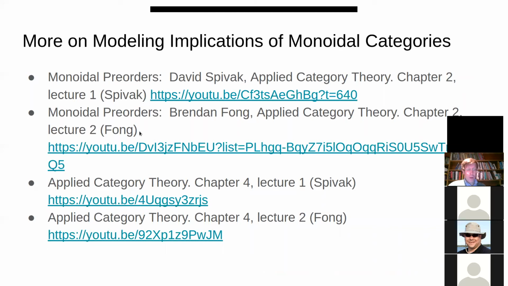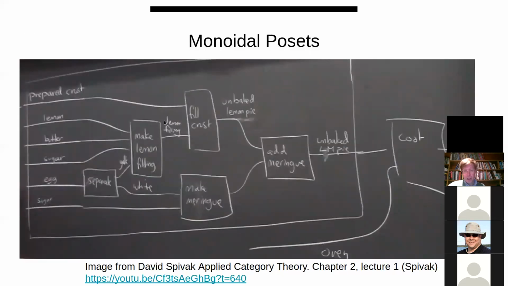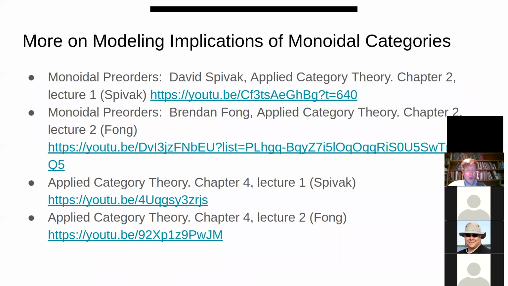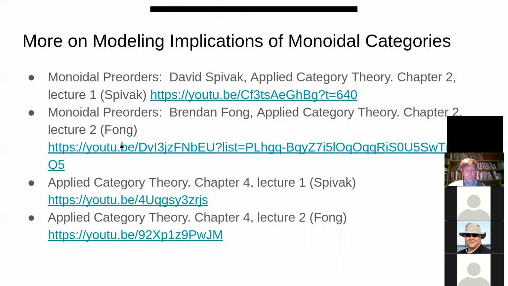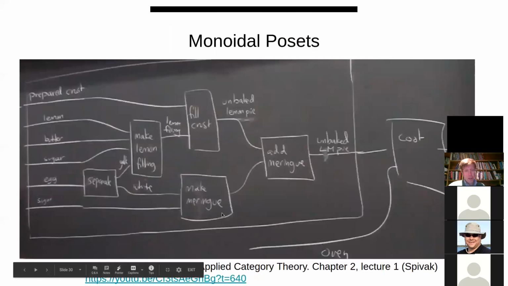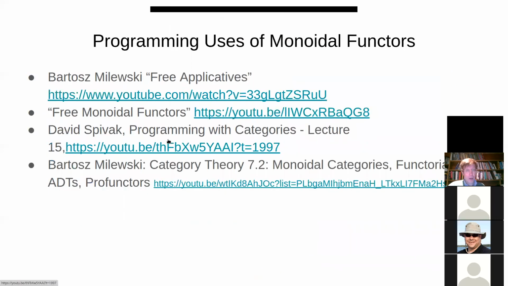So if you're interested in learning more about the diagrammatic representation, we're going to come back to it, but it probably won't be for a number of weeks until we've really tapped out adjunctions, monads, etc. If you're interested in going down this side of things, I'd refer you to these videos, and to these as well, which talk about some of the application of this in a modeling context.